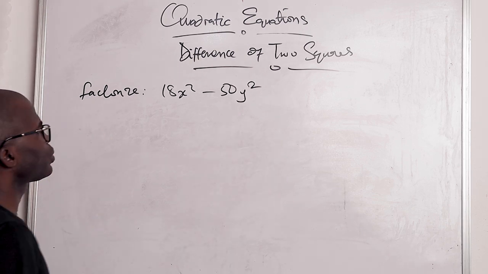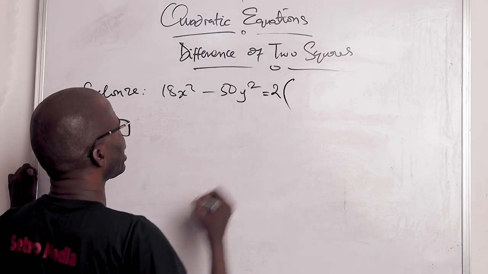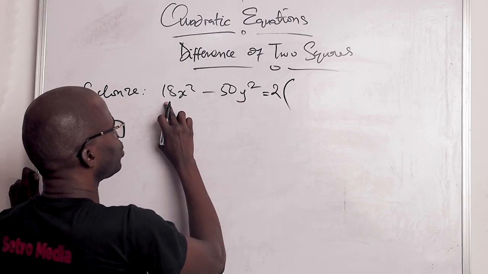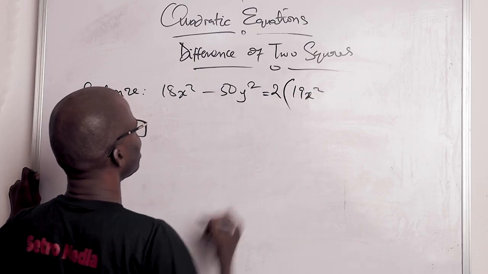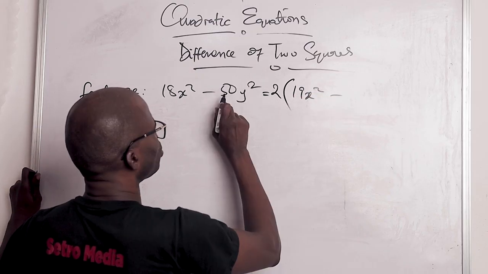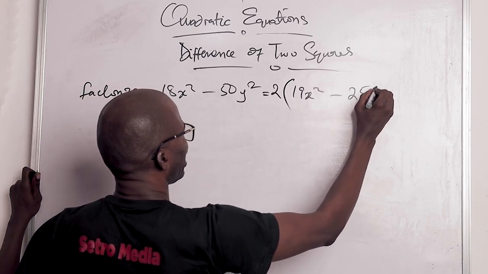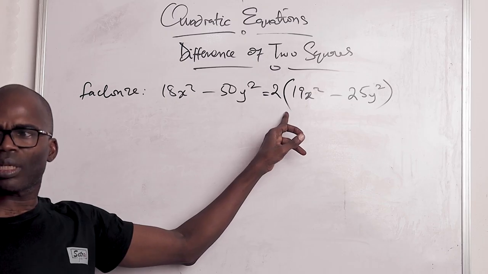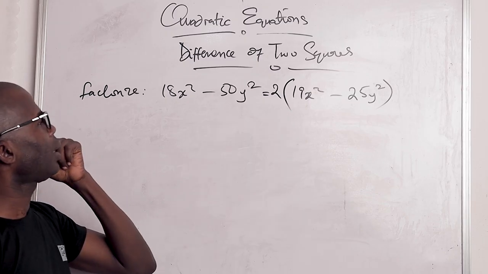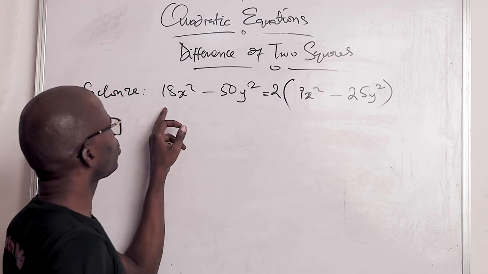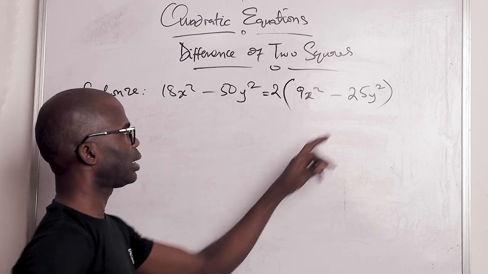So the first thing you do is say 2 into brackets. 2 in 18 is 9, so I have 9x squared, minus 2 in 50, that gives us 25y squared.